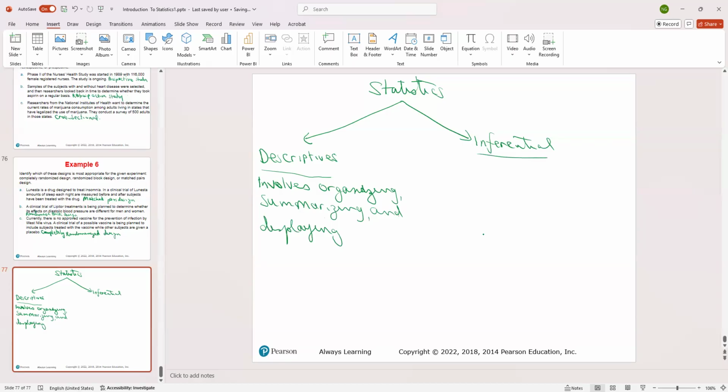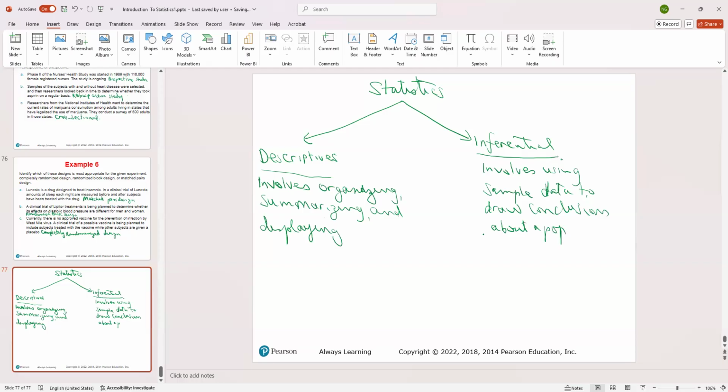But inferential statistics involves using sample data to draw conclusions about a population.